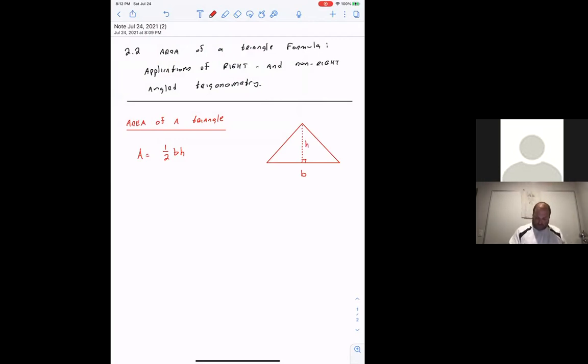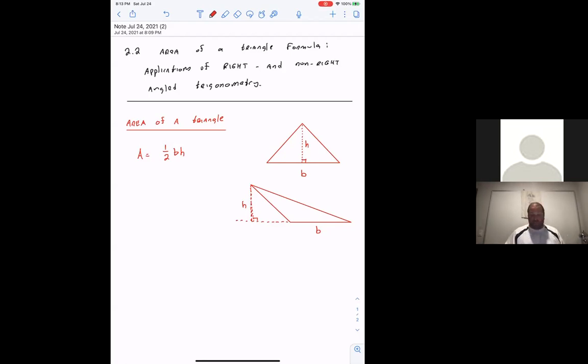And it's important to realize that this includes a triangle where the height is again down from the opposite vertex, but this time is outside the triangle. It still holds in that case. Either way, we have a formula for the area, 1/2 base times height.